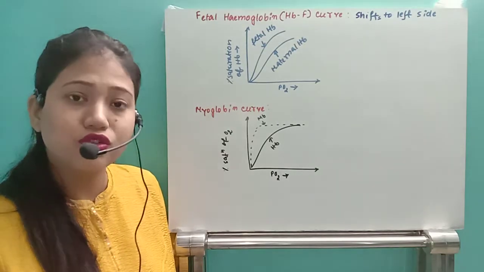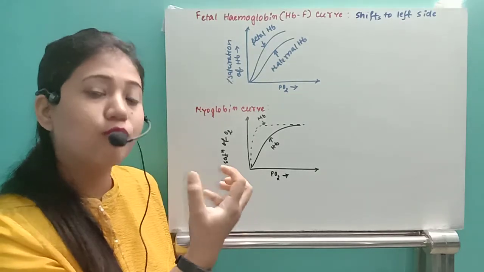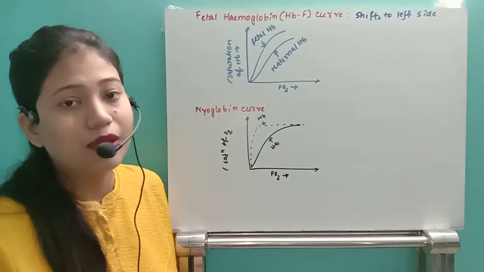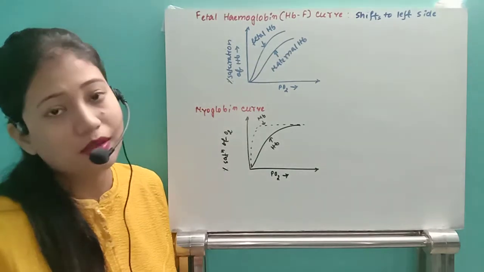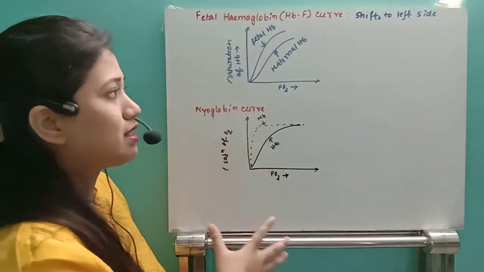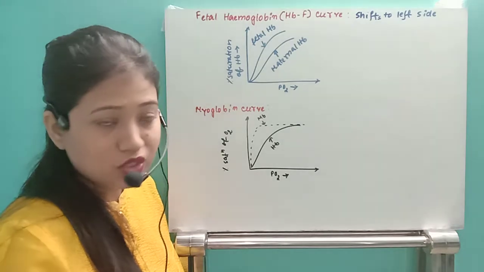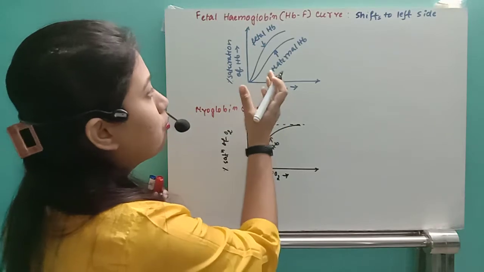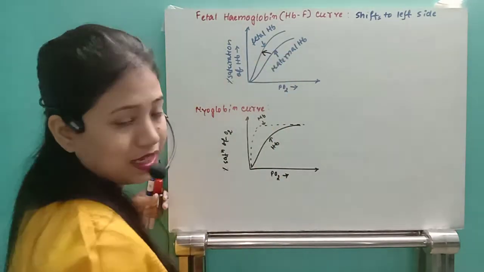So for the fetal hemoglobin to trap that oxygen, obviously it should have more affinity towards oxygen as compared to the maternal hemoglobin. That's why, when we plot the maternal and fetal hemoglobin oxygen dissociation curves, the fetal hemoglobin has more affinity towards oxygen, so it will shift to the left side, right?